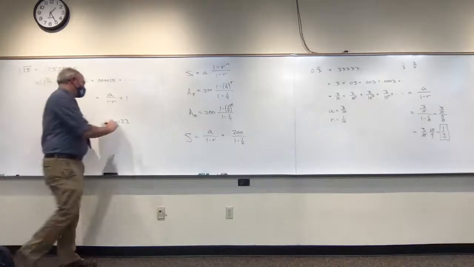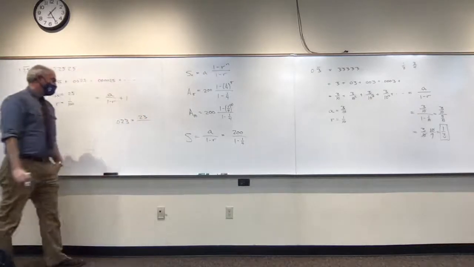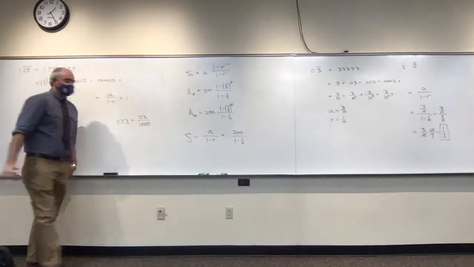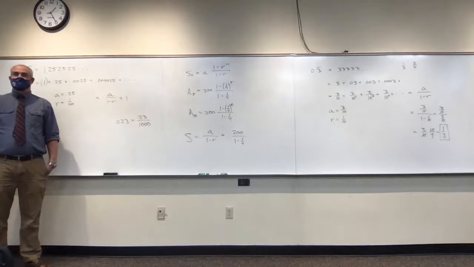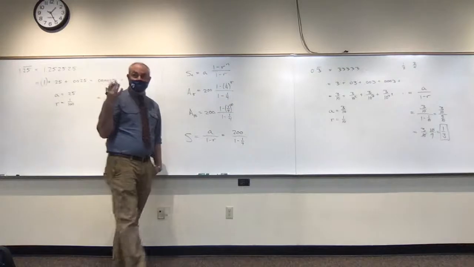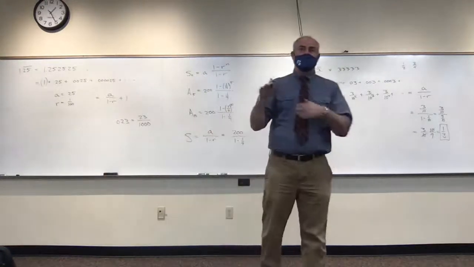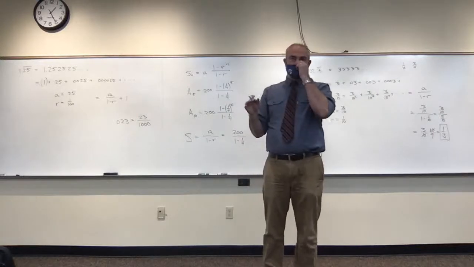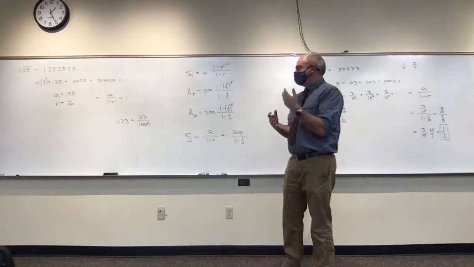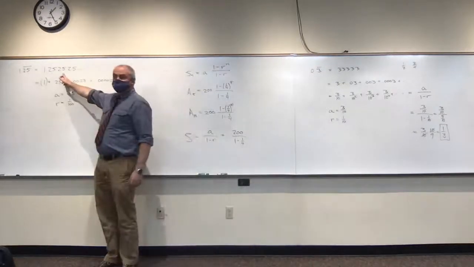What would it be? 23 over what? 1,000. See, I can write it as a fraction. That means it's rational. Rational also just means you're a fraction. You're an integer divided by an integer. So any integer divided by an integer is a rational number, but we also say that either it terminates or it repeats.